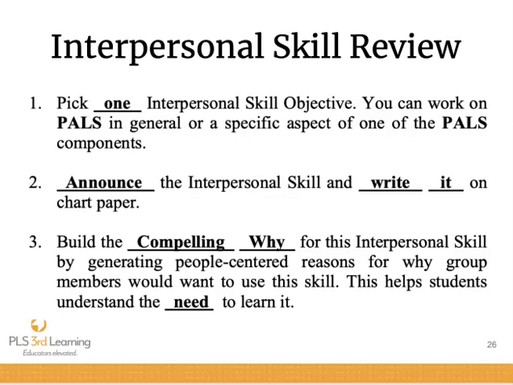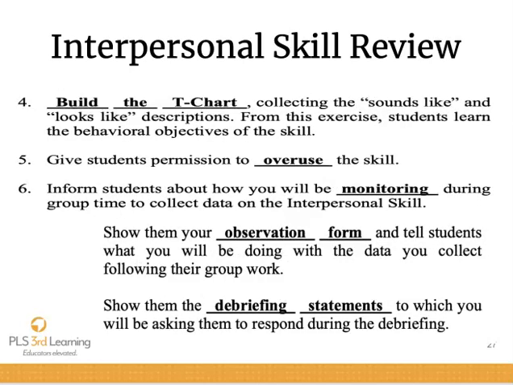This helps students understand the need to learn it. Number 4, build the T-chart, collecting the sounds like and looks like descriptions. From this exercise, students learn the behavioral objectives of the skill.